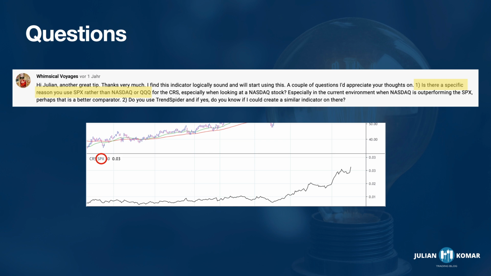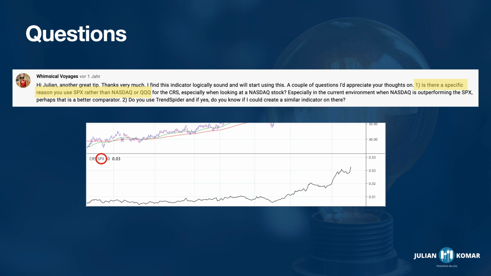This is one reason I use the S&P 500, because I know all the work from William O'Neill, and he was very successful with that. And I did my own research with thousands of stocks, and I came to the same conclusions. So the S&P 500 is a good average for a lot of stocks.